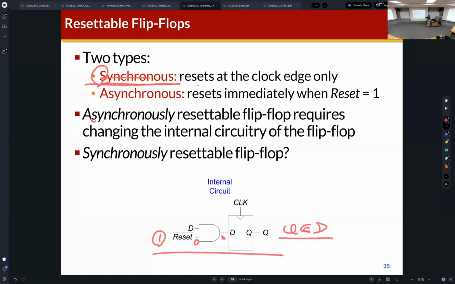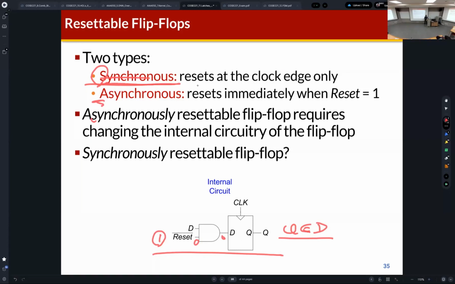Synchronous means that the behavior is determined only at the rising or falling edge of a clock signal. So synchronous reset means that the reset behavior is determined at the rising edge of the clock.